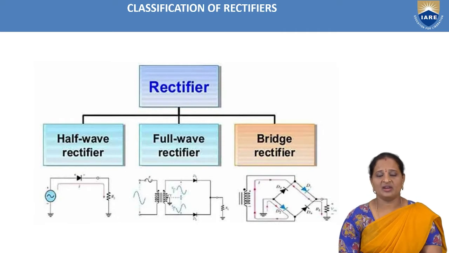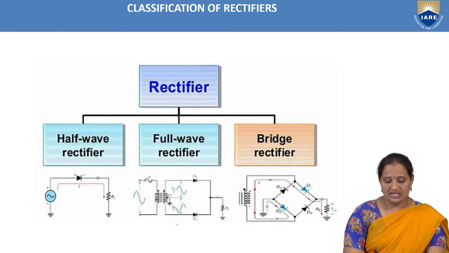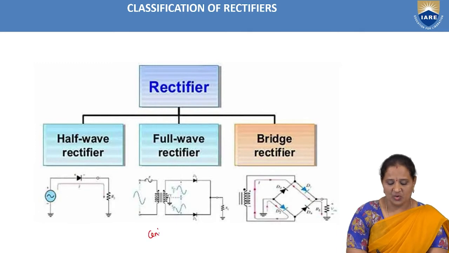Whereas the half-wave rectifier rectifies only the positive half cycle, and the negative half cycle is removed. This circuit shows the construction of the center tapped full-wave rectifier.